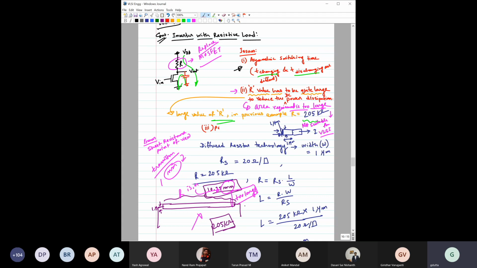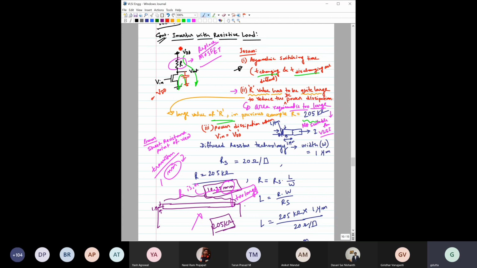Okay, let's see this. Power dissipation when Vin is equal to VDD. When you have set Vin equal to VDD, then this transistor is on, right? As long as Vin equals VDD, this transistor is on, you have a direct path from VDD to ground.